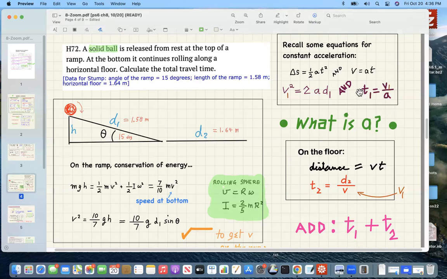You know, acceleration times time is speed. So that tells you what the acceleration is, because this tells you what the final velocity is. So the conservation of energy will tell you the final velocity, but you also need to know the time. So for that, you need to know something about the acceleration.